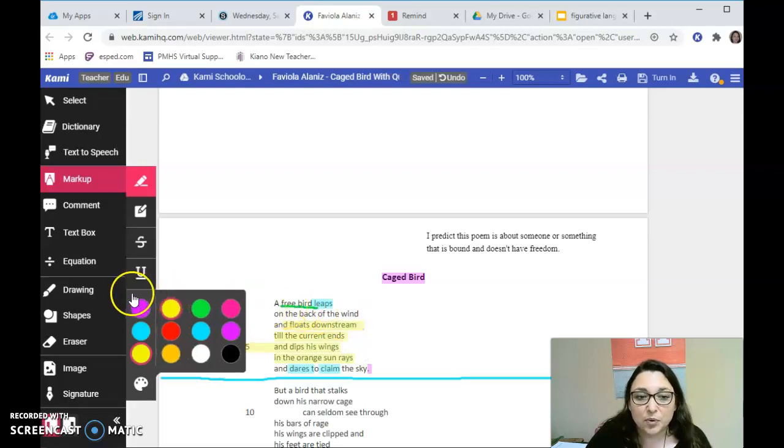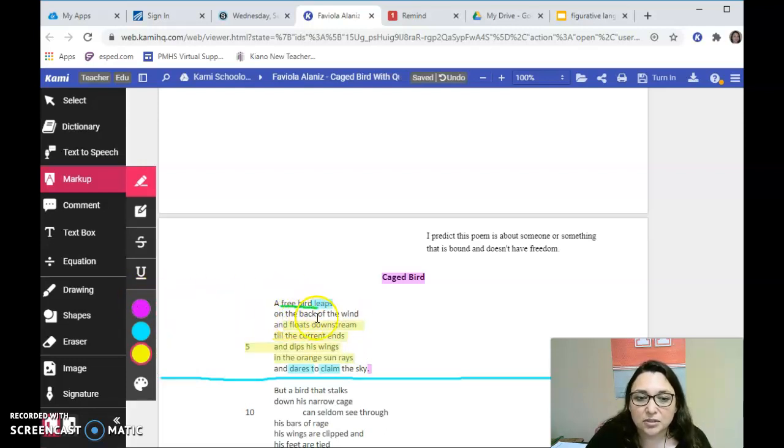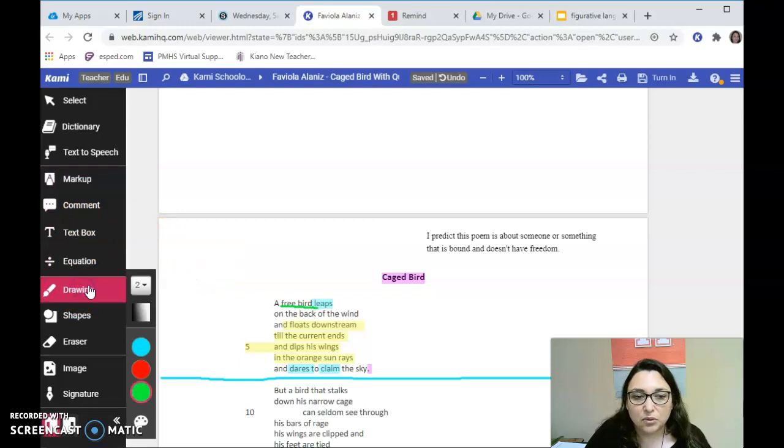And then I even see personification in "the back of the wind." The wind doesn't have a back, right? People have backs. Animals have backs. So every time that you read about a thing or an animal acting as if it was human or having something like a human quality, we call that personification.